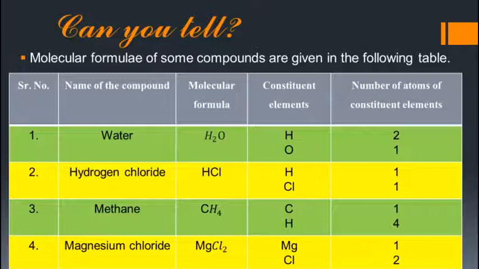The first compound is water. The molecular formula of water is H2O. So we can say water is formed by combining two atoms of hydrogen and one atom of oxygen. The constituent elements will be H for hydrogen and O for oxygen.